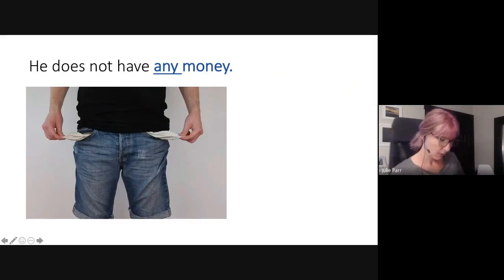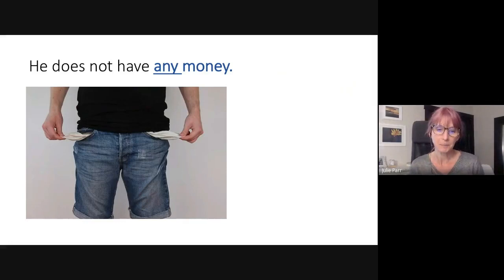Look at the picture. He does not have any money. There is no money in his pockets. He has no money. He does not have any money. Money is uncountable. I can say he does not have money.